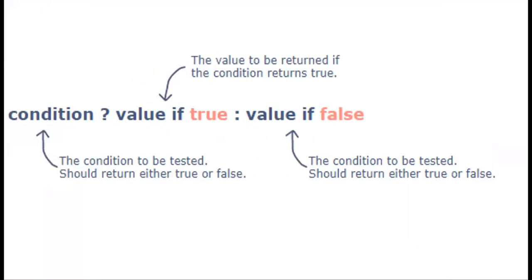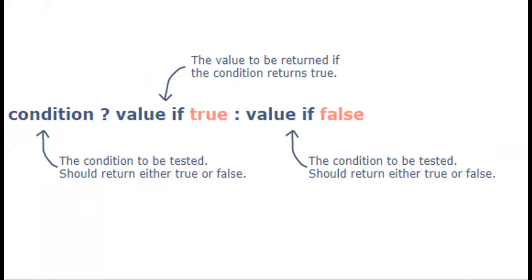Okay. So the condition is what you are actually testing. The result of your condition should be true or false, which we already know. And this question mark separates our condition from our true value.